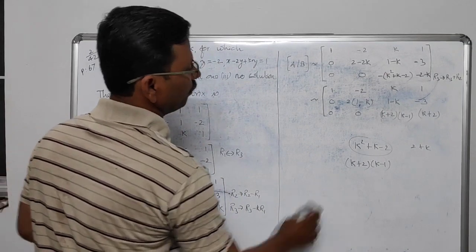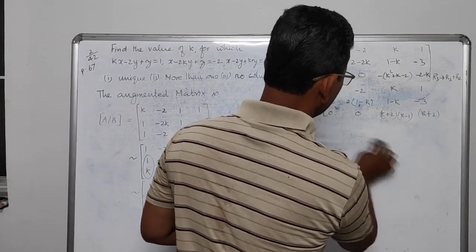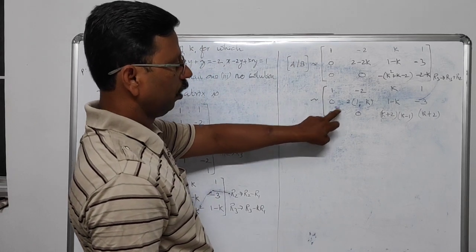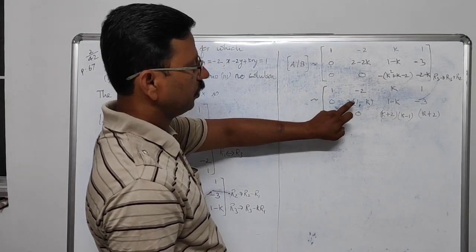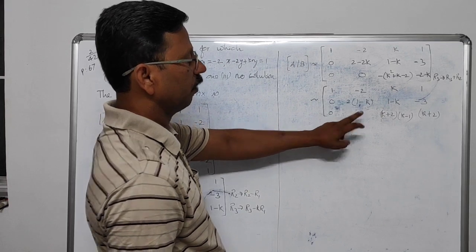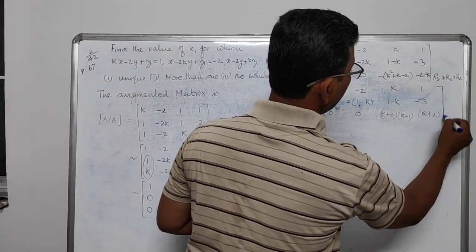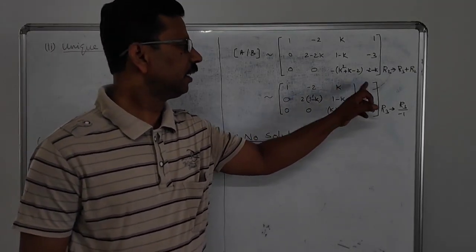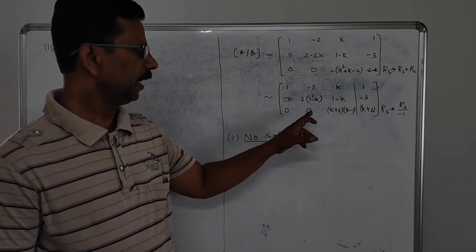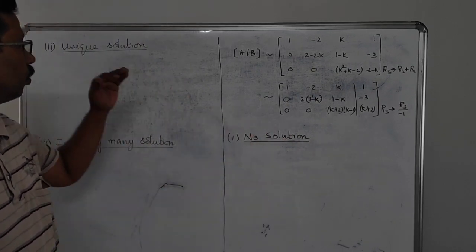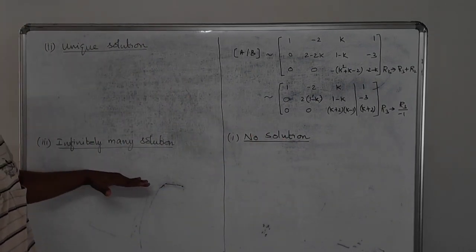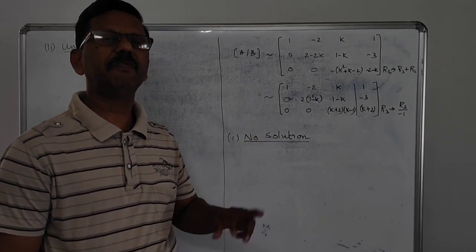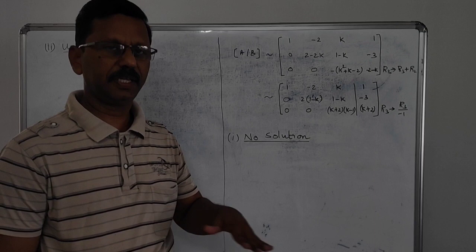Now it is in row echelon form. See here, under the first non-zero entry all are 0. Under the second row's first non-zero entry, under this everything is 0. Therefore, we can say it is in echelon form. Now we can discuss no solution, unique solution, and infinitely many solutions. For no solution, the rank of A and the rank of AB are not equal.